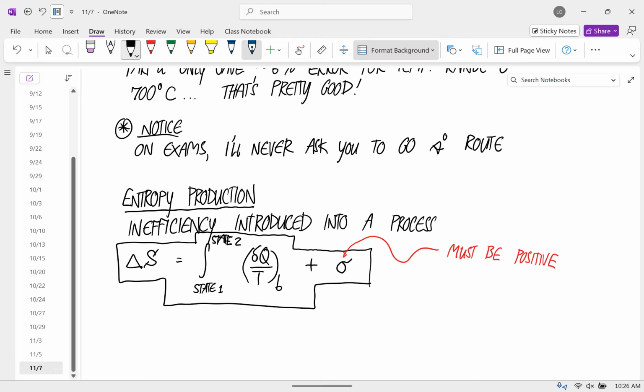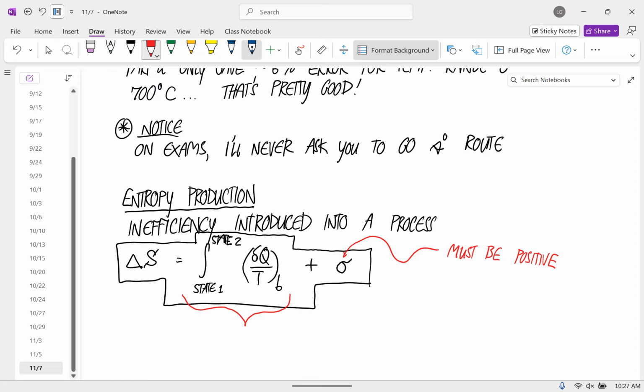Okay, so let's try to wrap our heads around what this is saying for a second. Forget about that sigma for a second, and this looks very much like the definition of entropy. But there's a key difference between this and the entropy definition.